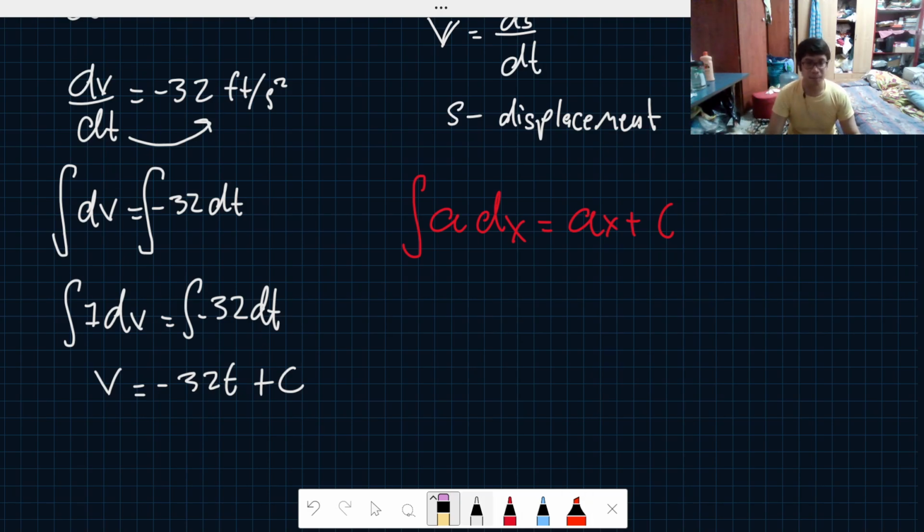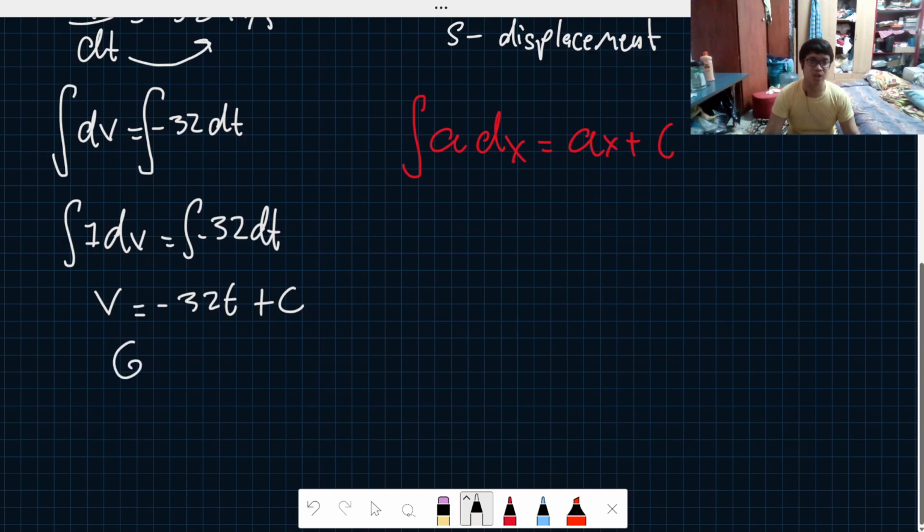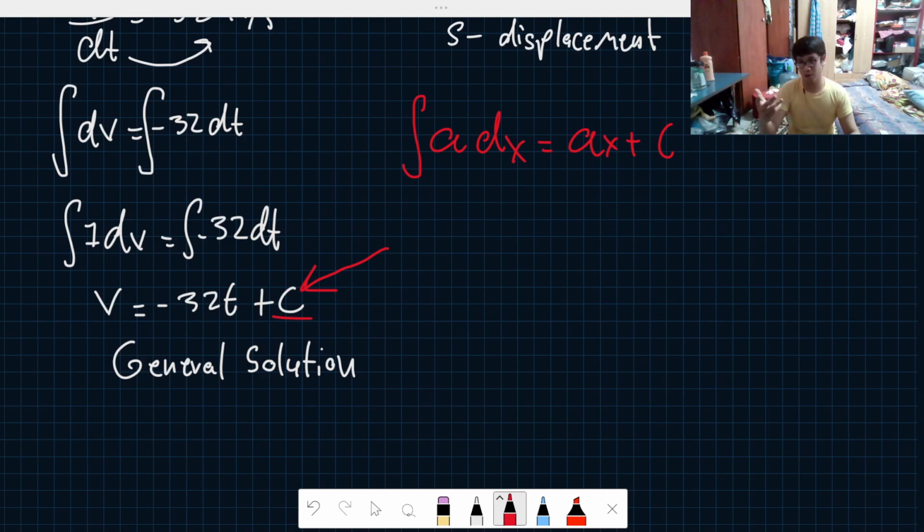Now, here's the thing. In here, it seems like we found the v formula, right? But this is actually a general solution, okay? Why is it called a general solution? Because you see, we have plus c. This plus c is actually known as a constant of integration, it's actually an arbitrary constant.